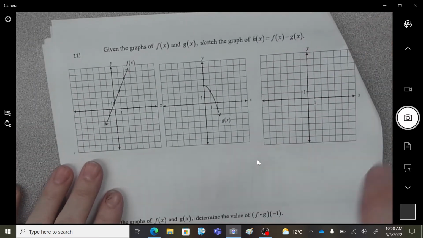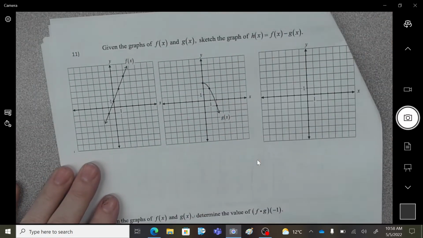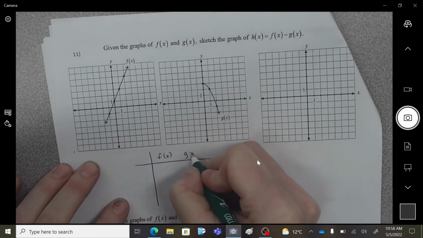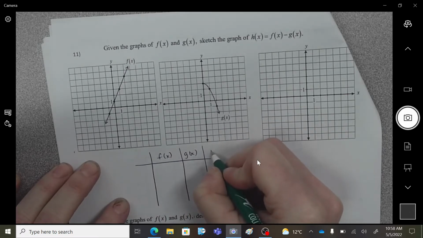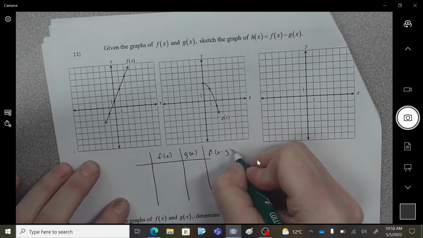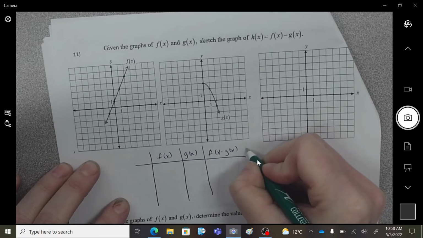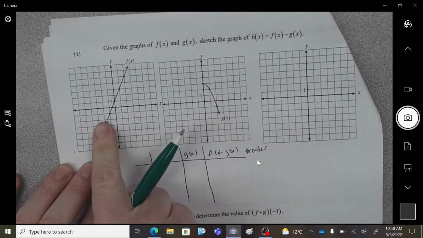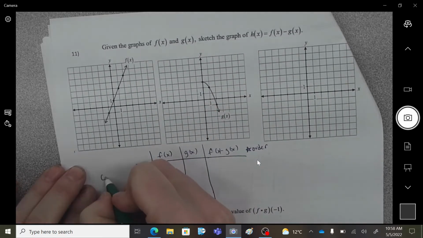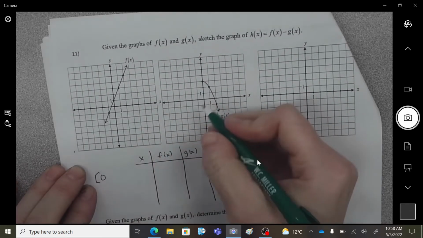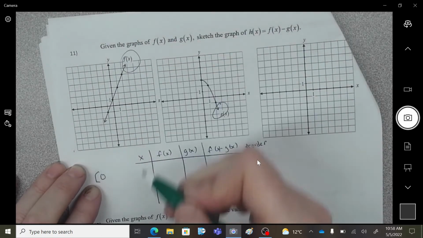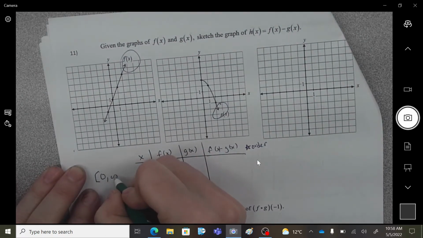Number 11, we were given these two graphs. Do the subtraction graph. So order matters when we subtract. So the domain, we would have to stop at 0 because this one only goes to 0 on the left, and then they both have arrows to the right, so we can keep going.